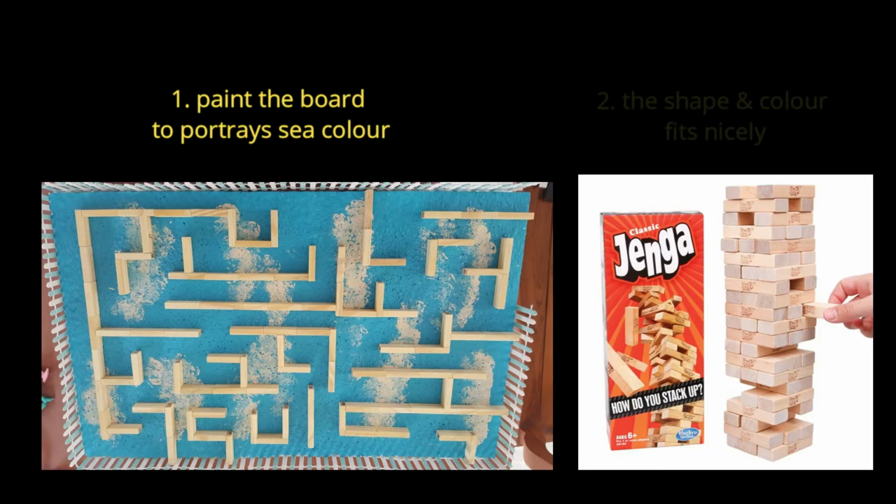Also, I have used the wooden blocks from Jenga games, which I found very useful since they are in rectangular shape, which is the perfect one. The color of the wooden block fits with my sea background naturally, so I do not have to put some color on them anymore.